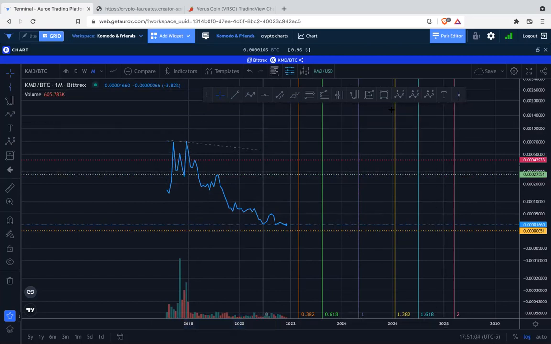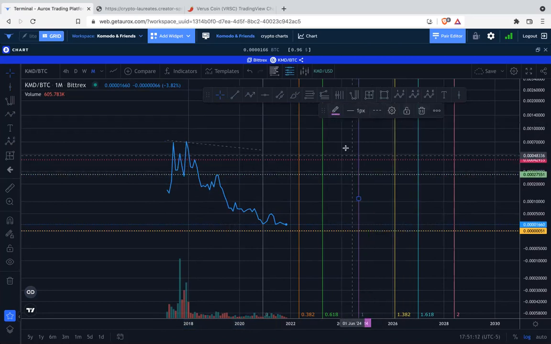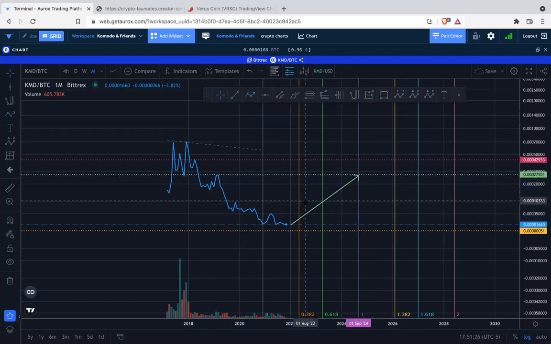So I'm going to put a vertical line at this one, and that gives us A plus B equals C, and that would be in September of 2024. It doesn't have to follow this trend exactly along the line. It might chop up and down, but basically it would go to that trajectory, okay?